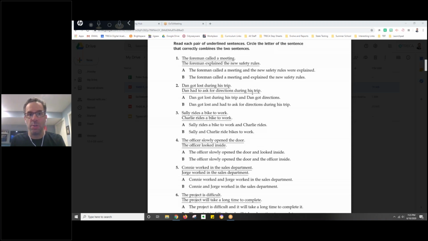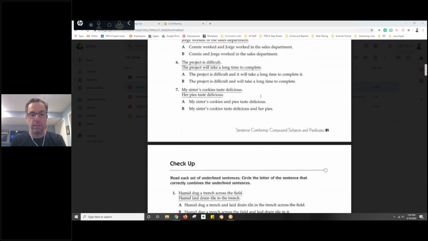You can't always do that, but if the predicates match and if the subjects match, then there's a better possibility that you can combine them. The reason that we do that is to make your writing better, and it's correct grammatically, and we want to write as well as we can and to know the rules for the English language. And these are some rules that you have to follow.